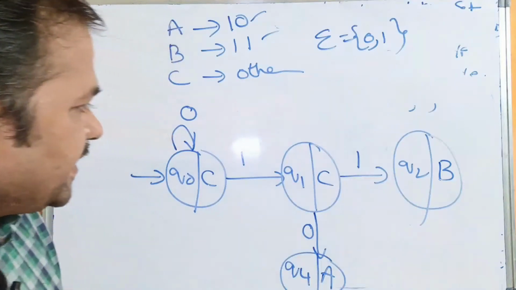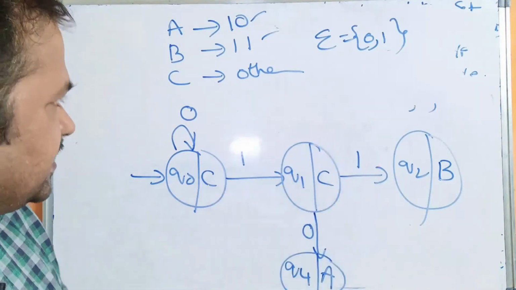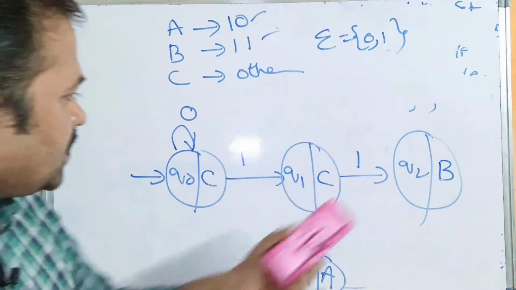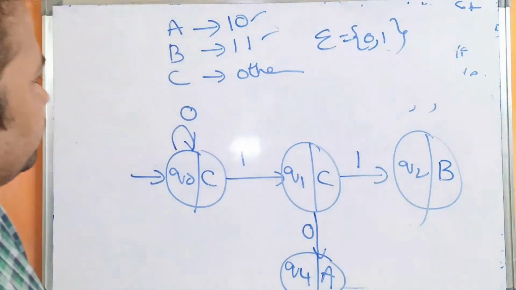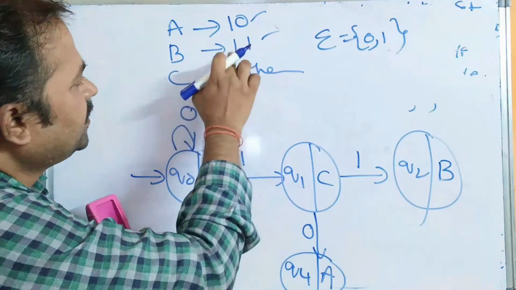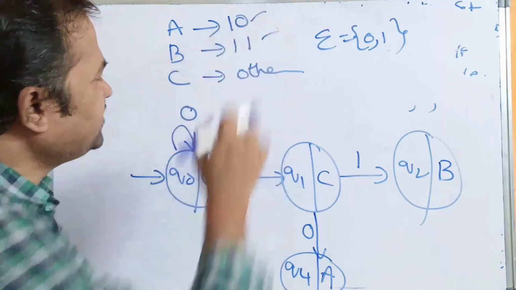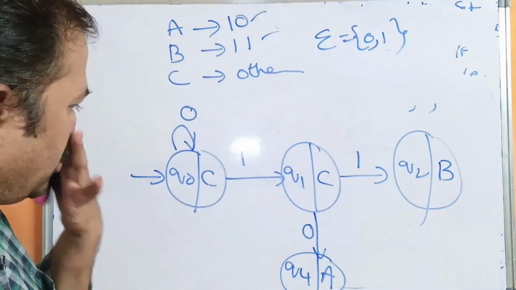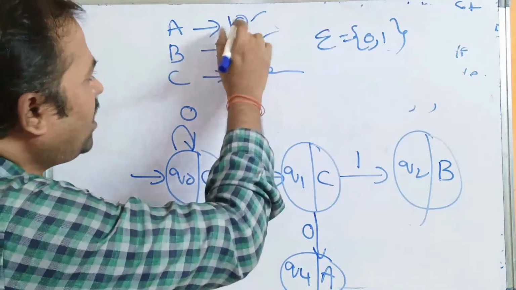So let us apply 0 on Q2 first. If we apply 0 on Q2, then where can we go? Here we have 1, 0.